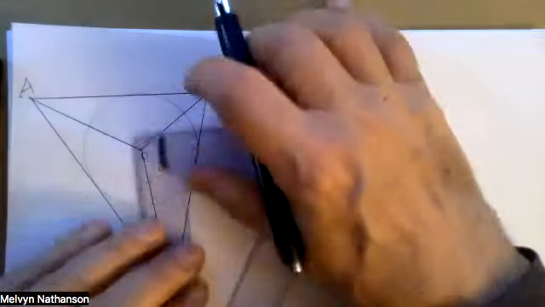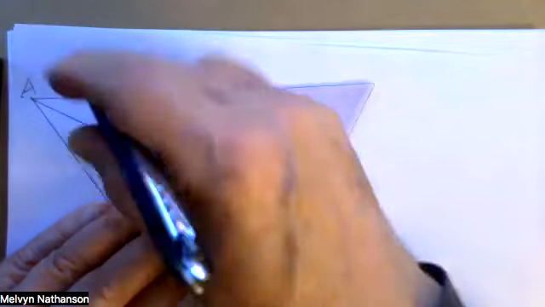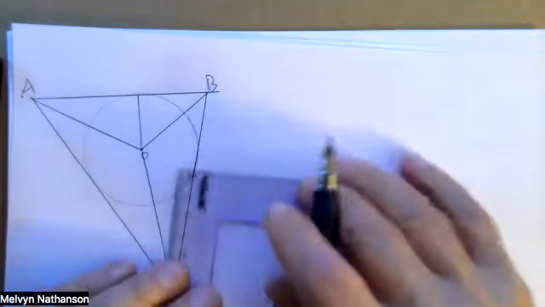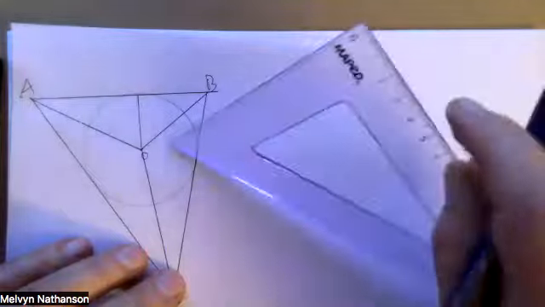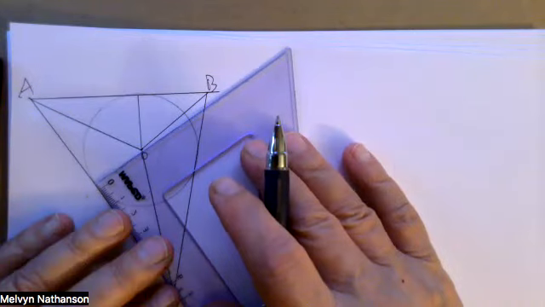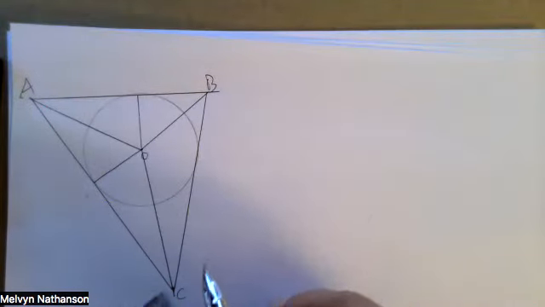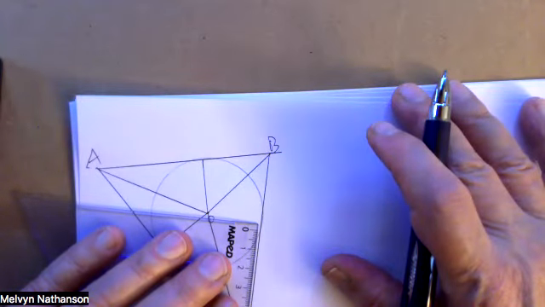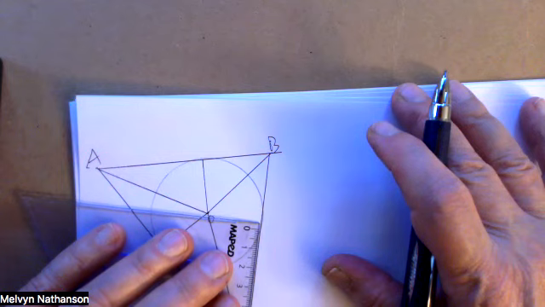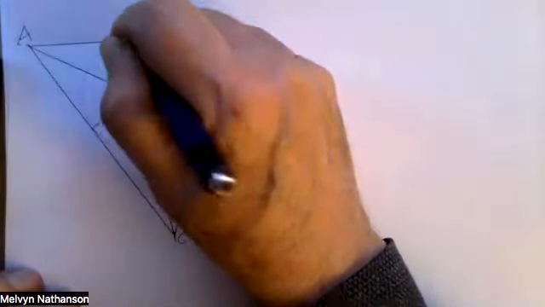Well, the points of tangency, where the circle is tangent to the three sides. Okay.